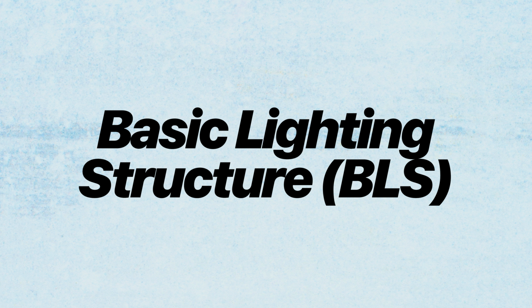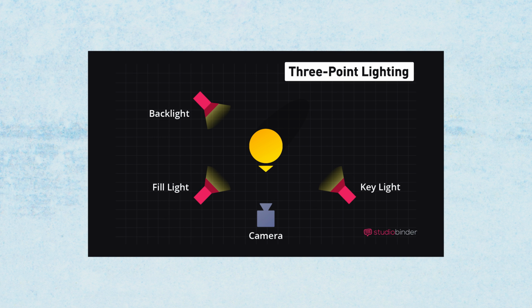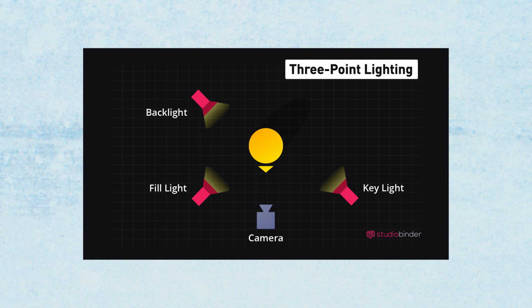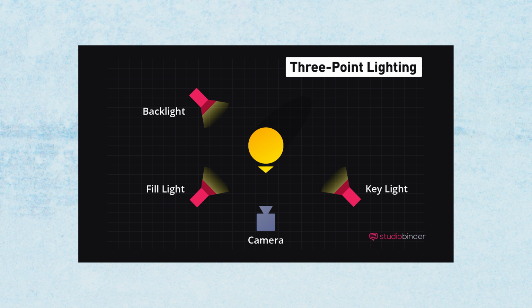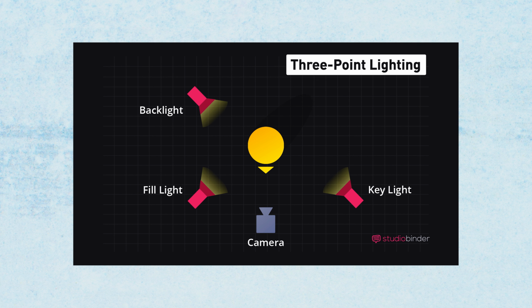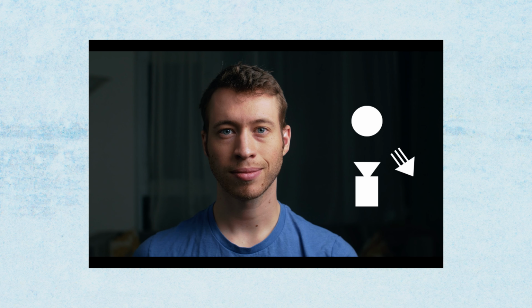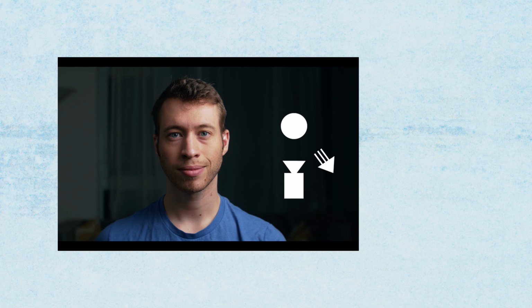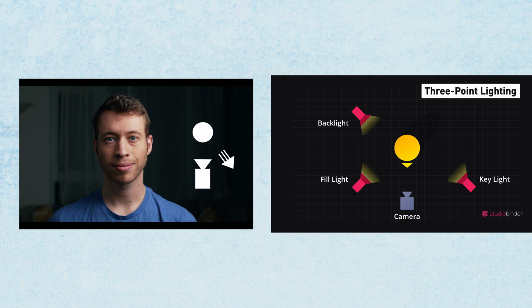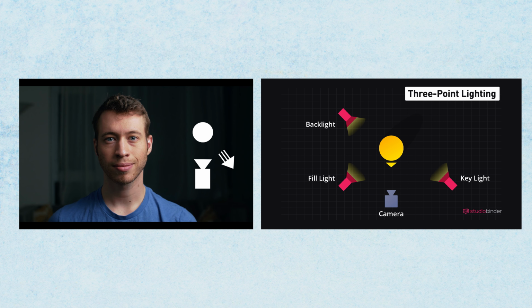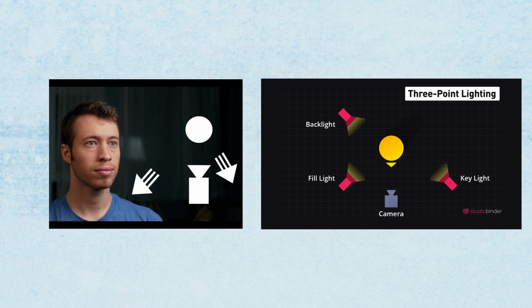Three-point lighting is a traditional method of illuminating a subject in a scene with light sources from three different positions. The three types of lights are your key light, your fill light, and your backlight. Your key light is your main primary source of light, which is mostly in front of the subject at an angle of 45 degrees.